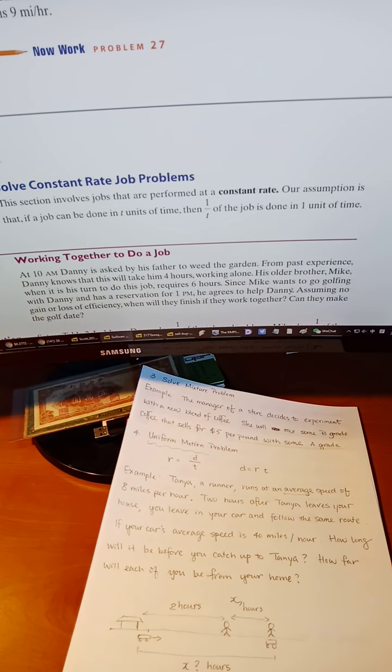Those two brothers will work together, assuming no gain or loss of efficiency. When will they finish if they work together? Can they make the golf date?